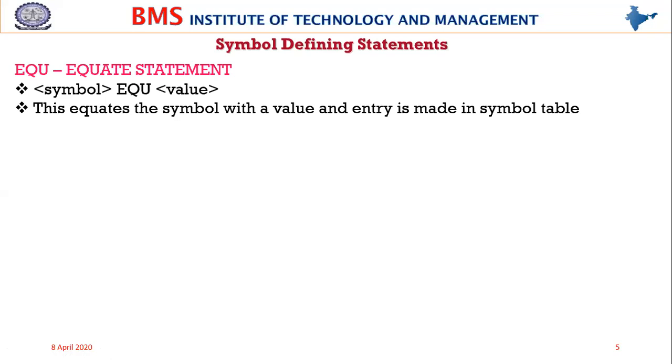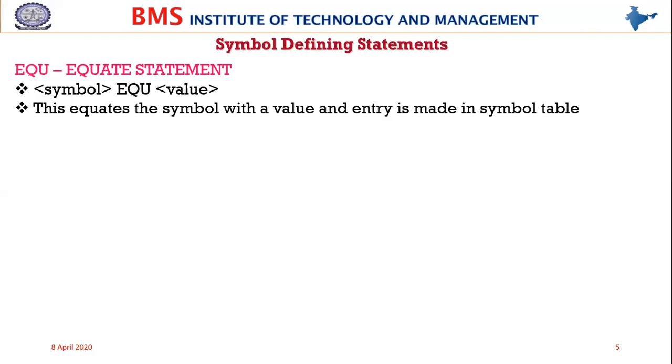And this can't be used for declaring variables. We have RESW and RESB for variables. But EQU is to equate a user-defined symbol with a value. That value may be absolute, meaning something like A EQU 20. So the 20 is simply declaring it as an integer constant.